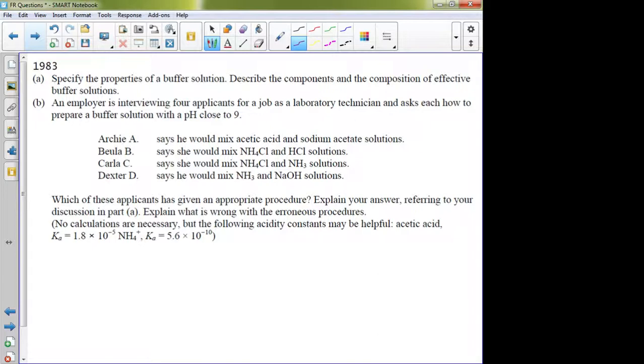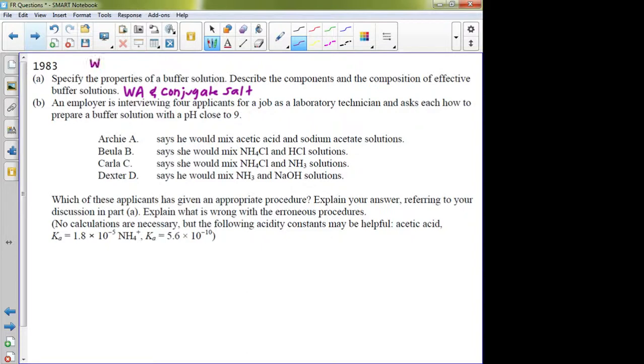Now, you could describe this any way you wanted to. I could say an effective buffer is a weak acid and its conjugate salt. Or I could have said it is a weak base and its conjugate salt, and vice versa. I could flip this around and say it the other way.